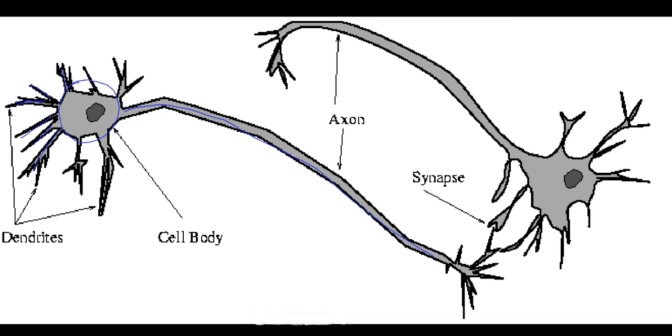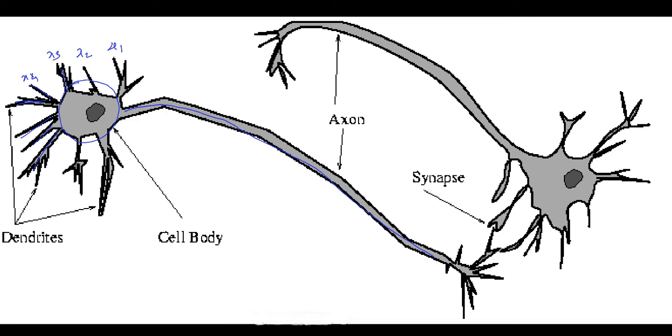So input comes from those various sources. Let us call this input, let's say this is x1 coming from some sensory organ or some other neuron. Let's say this is x2, this is x3, x4, and so on.